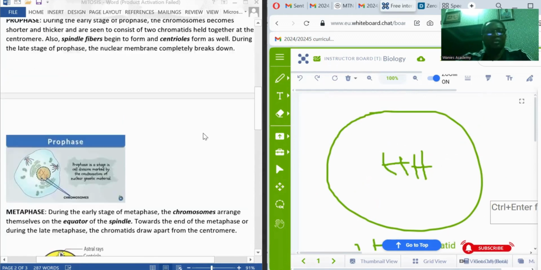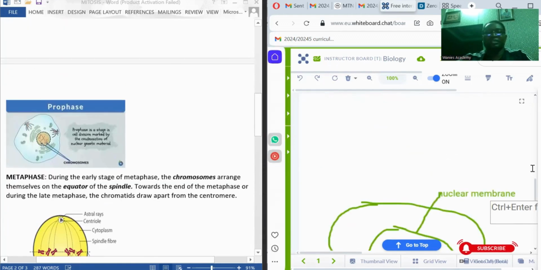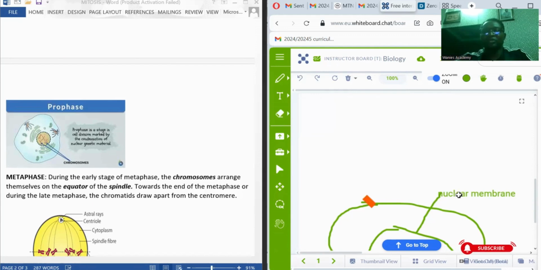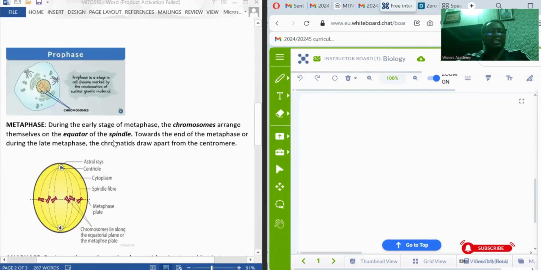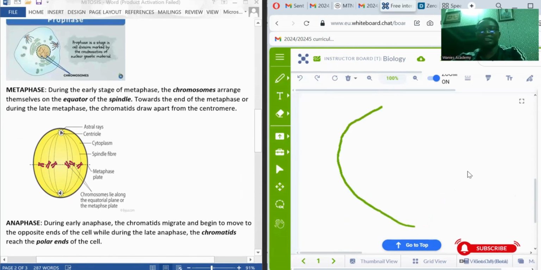A visible chromosome is seen during this stage of what? Mitosis. Now, during the next phase, known as metaphase, the chromosomes are seen to align at the center. You can see the diagram. This is the cell. You have the chromosomes aligning at the center.